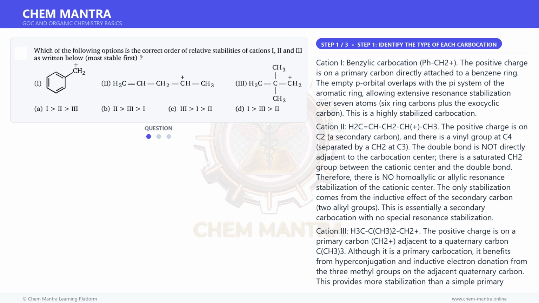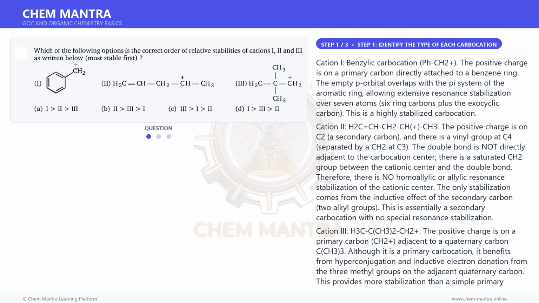Cation III, H3C-C(CH3)2-CH2+. The positive charge is on a primary carbon, CH2+, adjacent to a quaternary carbon, C(CH3)3. Although it is a primary carbocation, it benefits from hyperconjugation and inductive electron donation from the 3 methyl groups on the adjacent quaternary carbon.